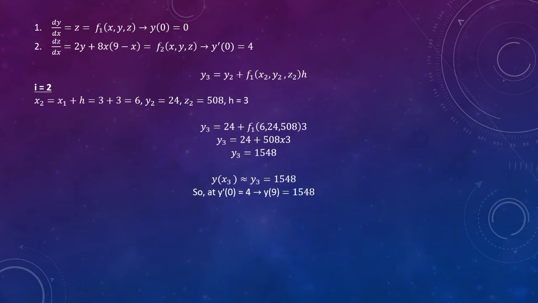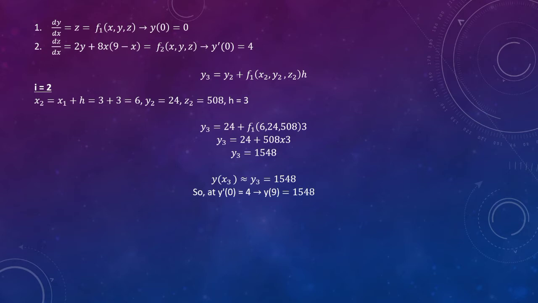Since it is 1548, that means we need to lower our value. So we need to guess another number that is not more than 4. It can be 3, but that's not recommended, because 3 is still not close to 0.